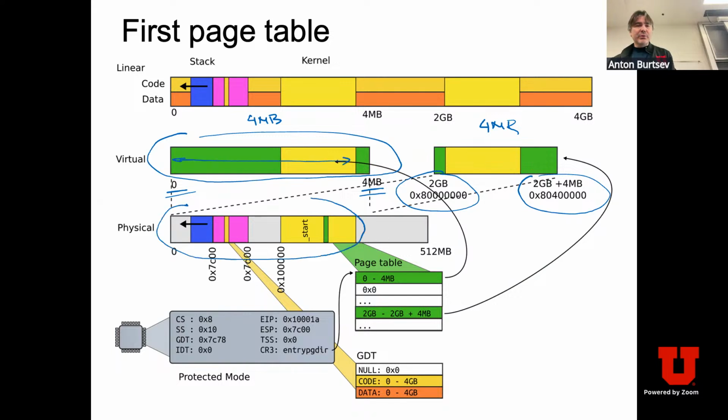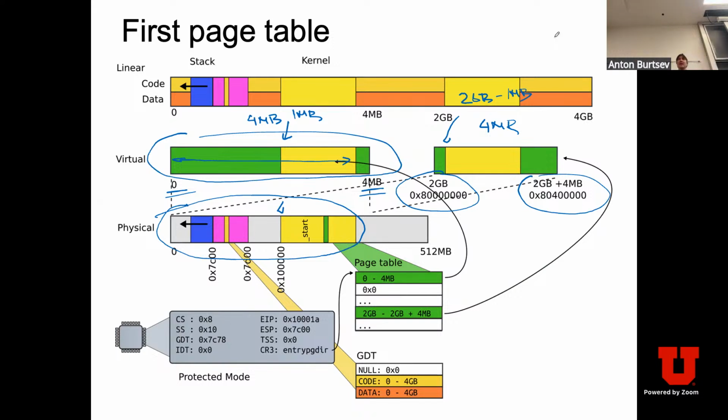These two regions will be mapped to the first 4 megabytes of physical memory, right? So this means that in virtual address space, this address will show up twice. It shows up here at the first megabyte, and it will show up exactly here at the second gigabyte plus 1 megabyte. Does it make sense that we can do it?